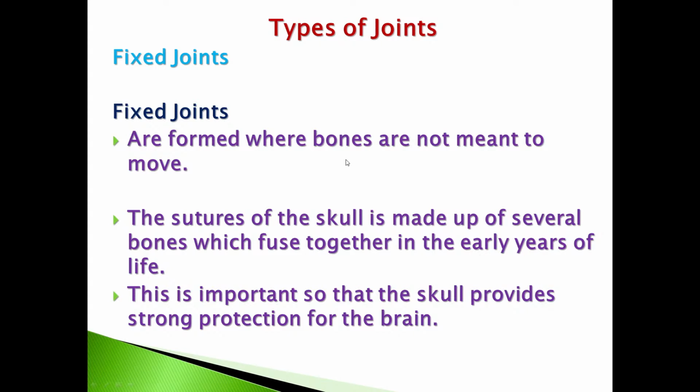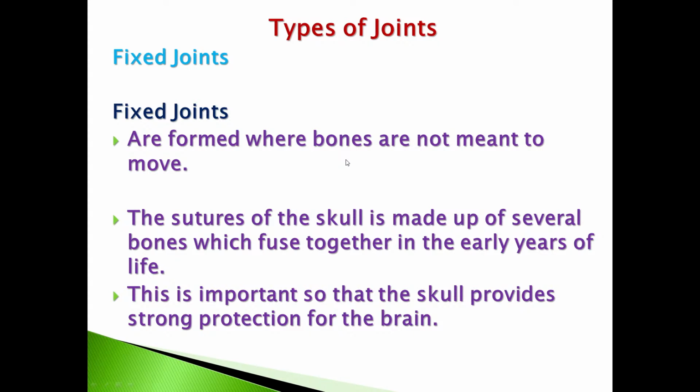That simply means that these joints are joined extremely close, because no movement should take place at these joints, because of the importance and the sensitivity of the human brain. This is important so that the skull provides strong protection for the brain. So an example of fixed joint in the human body would be the sutures of the skull.